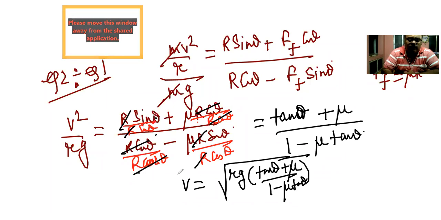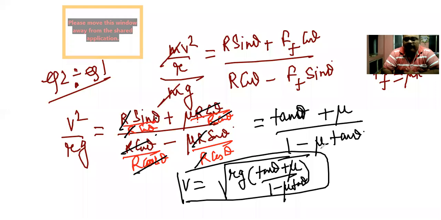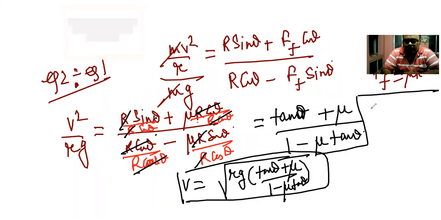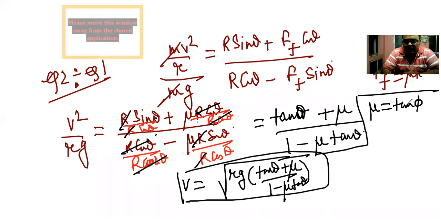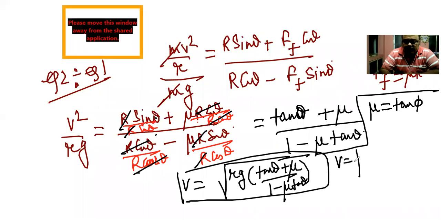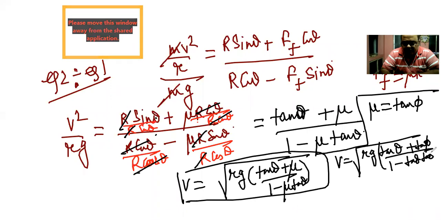Now one thing I would like to tell you over here. I think everybody is aware of the formula, mu equals tan phi, that can be the angle of repose or angle of friction. So if I put this value over here, children, you will get a very short form: tan theta plus tan phi divided by 1 minus tan theta tan phi.